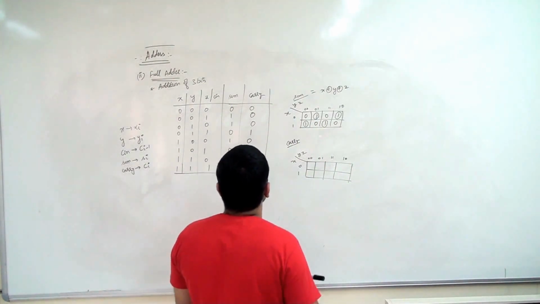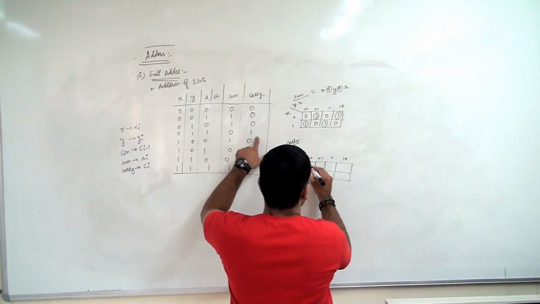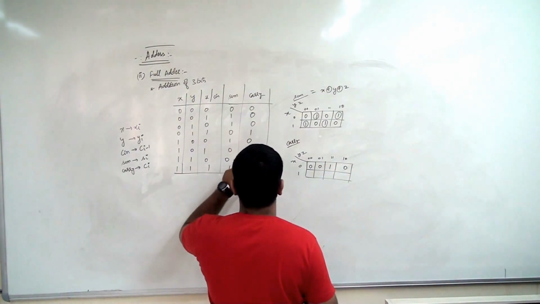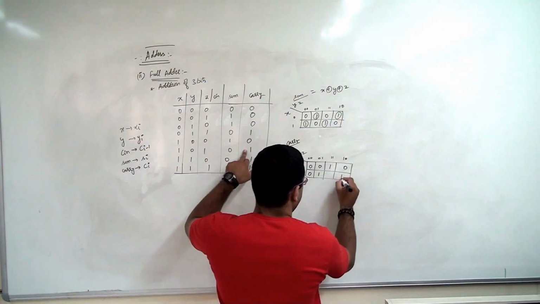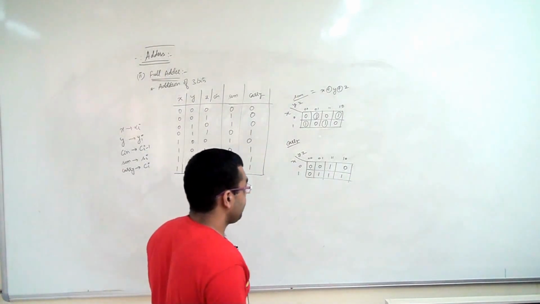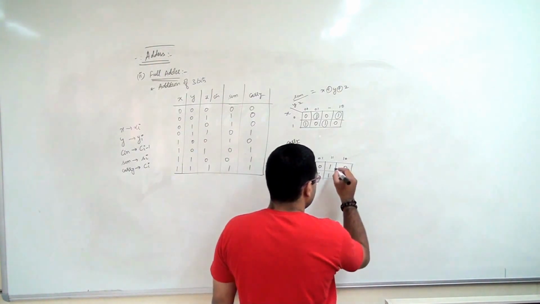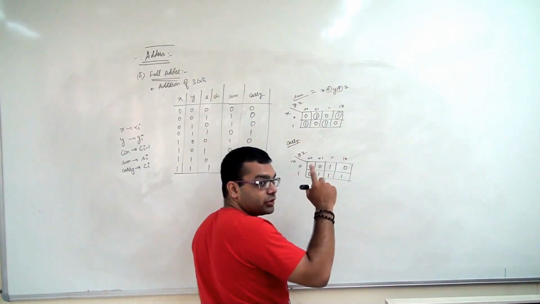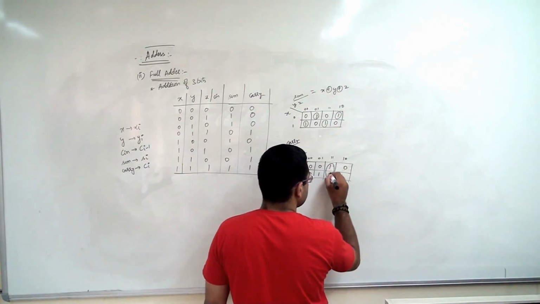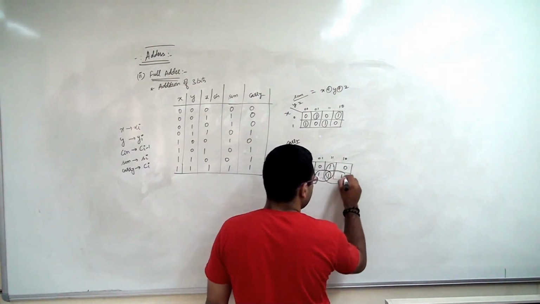Alright. So now carry. Actually for carry we'll make 2 K-maps, we'll see in a short while how we do. So here, we actually get 3 pairs.